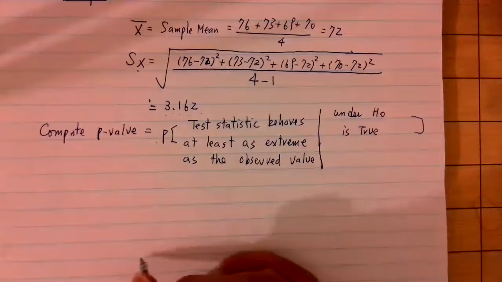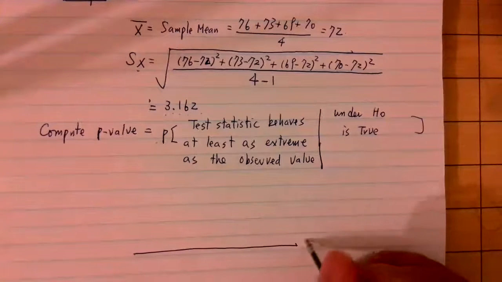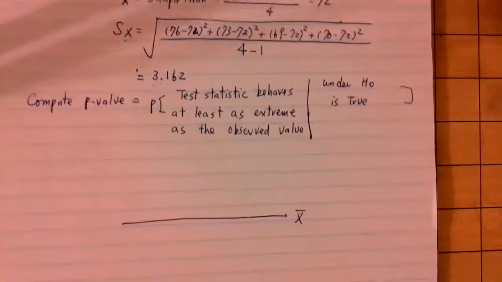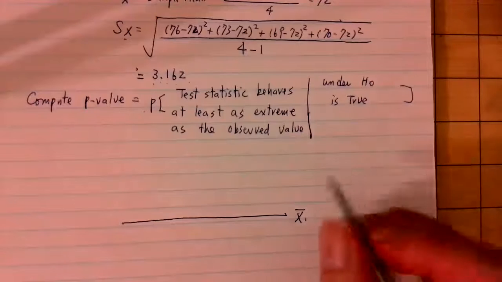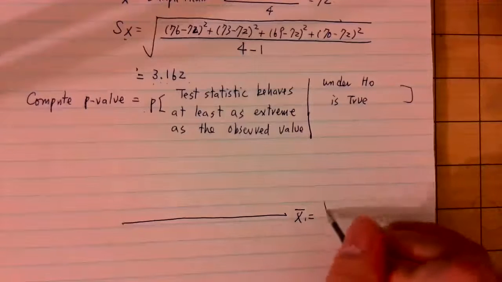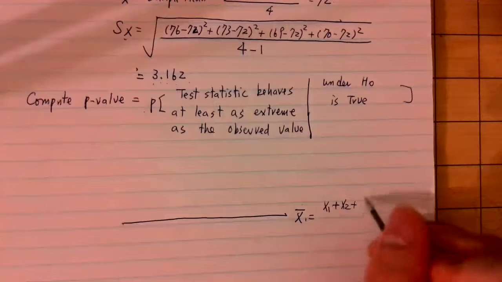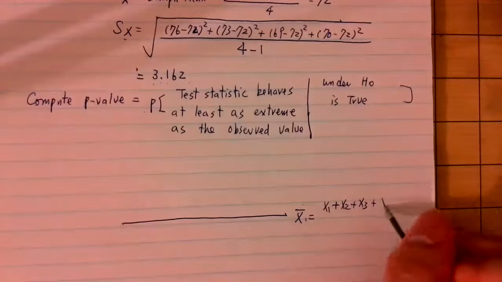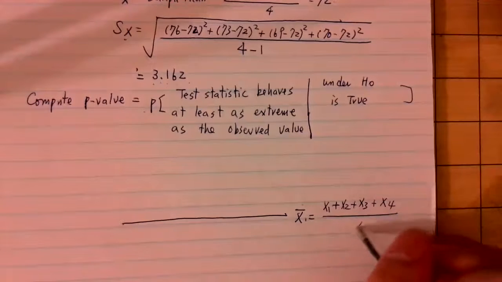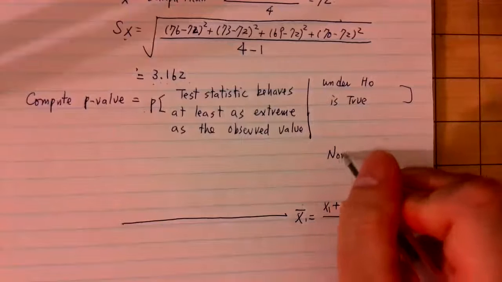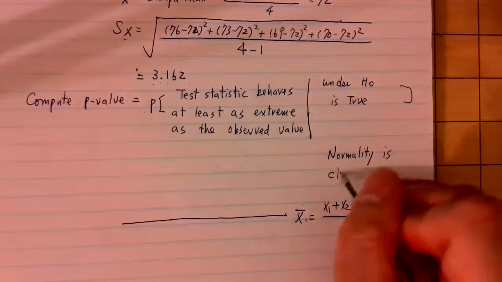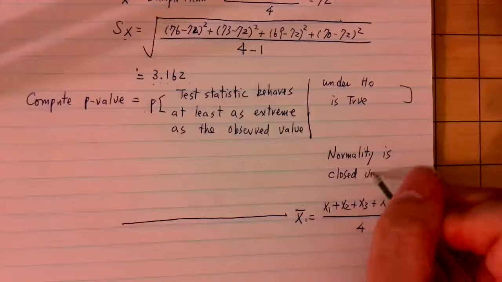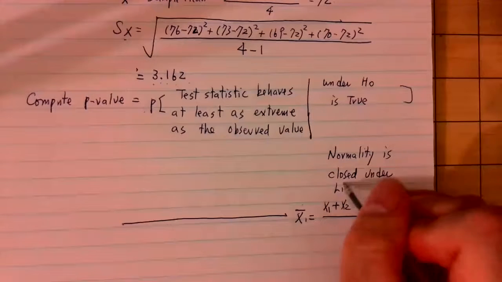Okay, so let's take a look. X bar is our test statistic. In order to make statistical inferences, we need to know its distribution. X bar is x1 plus x2 plus x3 plus x4 divided by 4. And we know normality is closed under linear combination.